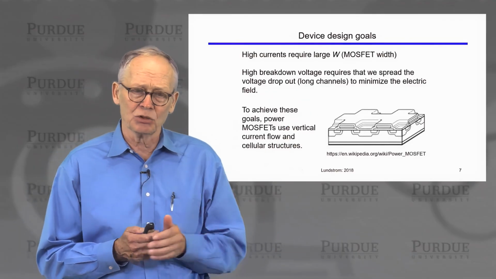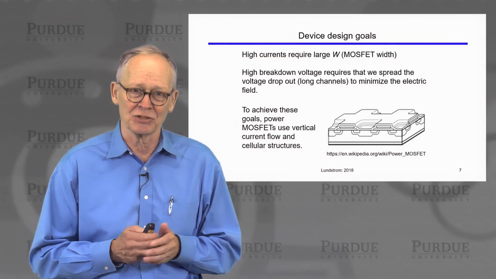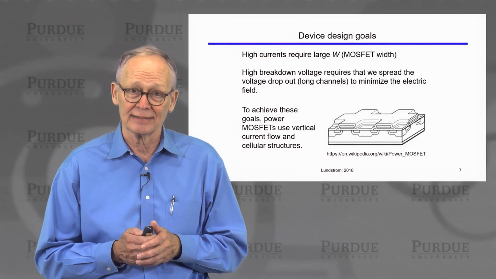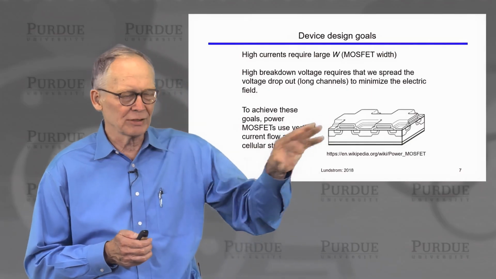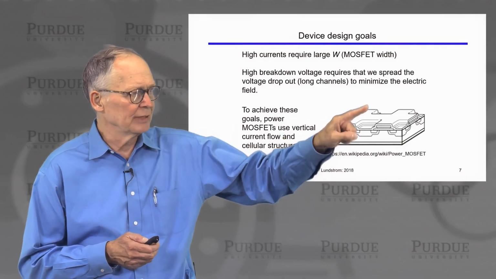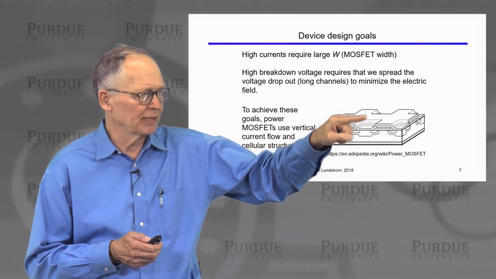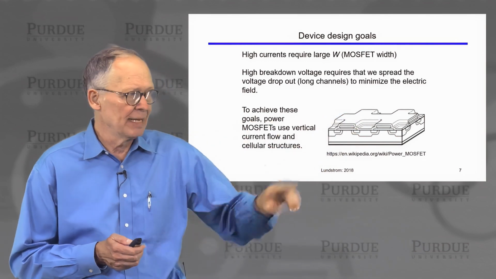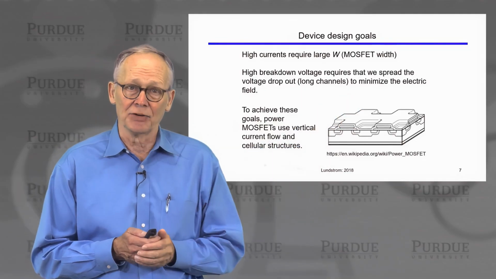So to achieve these goals, power MOSFETs use a much different type of geometry than the conventional MOSFETs that we've been discussing, either the planar MOSFET or the FinFET. They use what's called a cellular structure. So you can see here there's a lot of area. The width of the MOSFET is around the area of each of these cells. Many of them are connected in parallel. The current is actually a vertical flow.